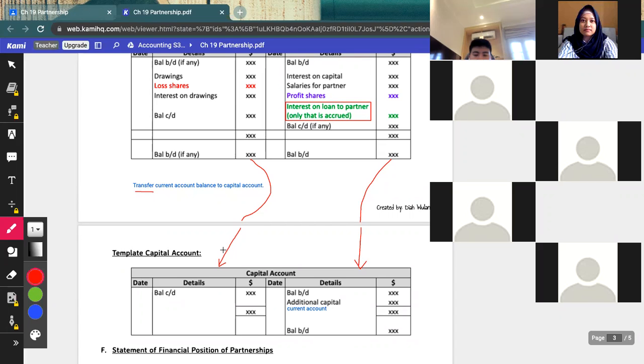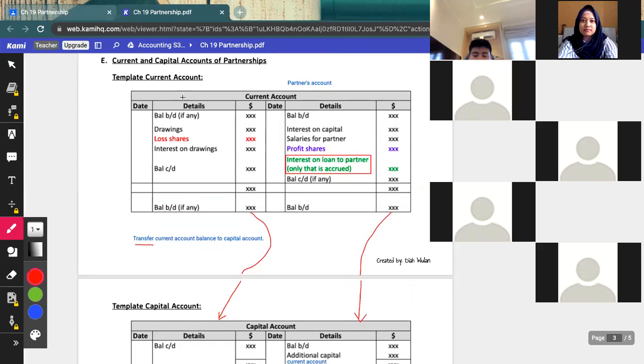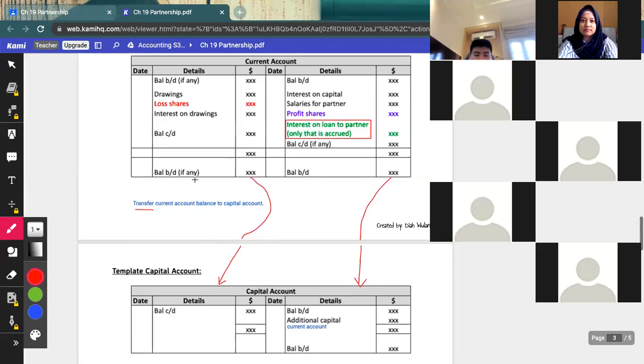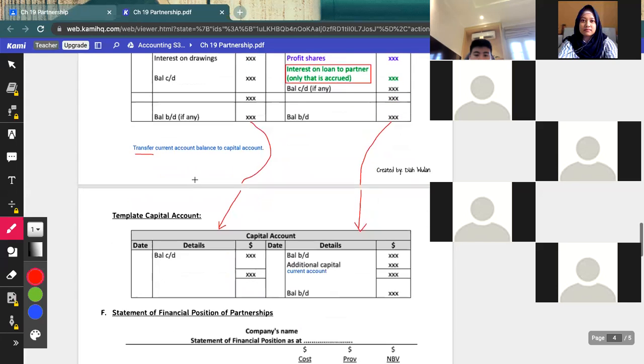And then partners can say: I don't want to have debts. I have big capital, but I know that I took more drawings than the others that will make my current account have negative balance. Why not move my debts from my current account to my capital account? Just take the money from my capital account and erase my debts.